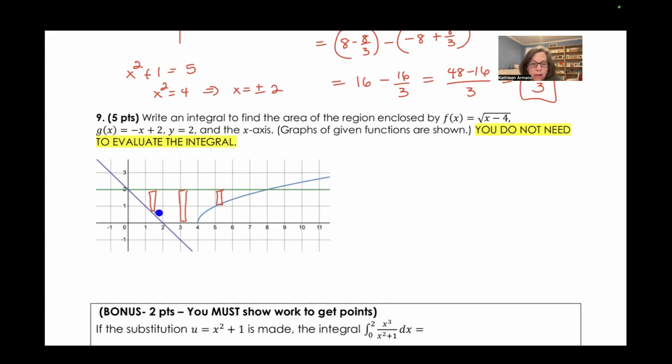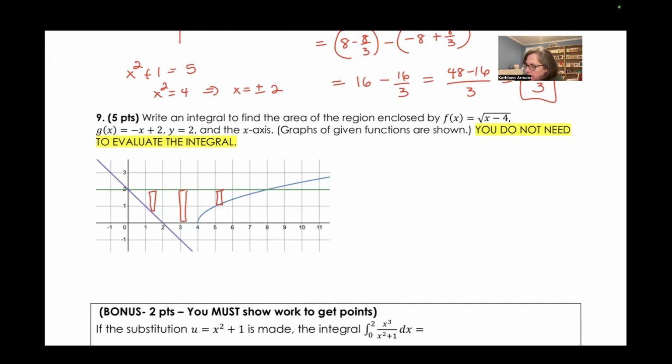Here it's the line. Here it's the x-axis. Here it's the parabola. I know it says square root, but square root's just half of a parabola that's been turned on its side. So it's different functions. I would have to divide it up and do just from 0 to 2, then 2 to 4, then 4 to 8.